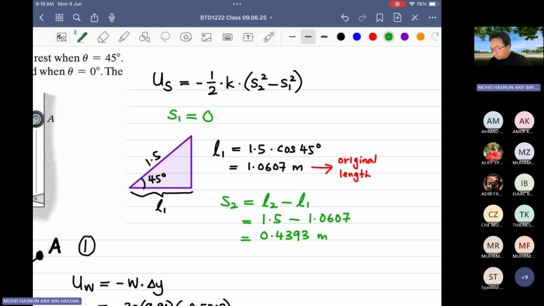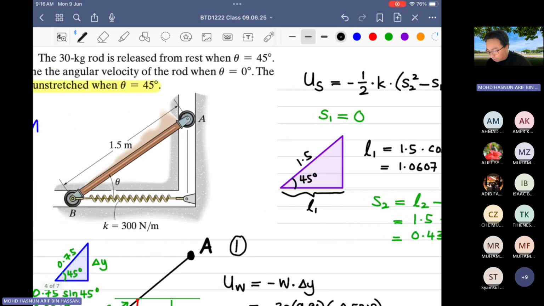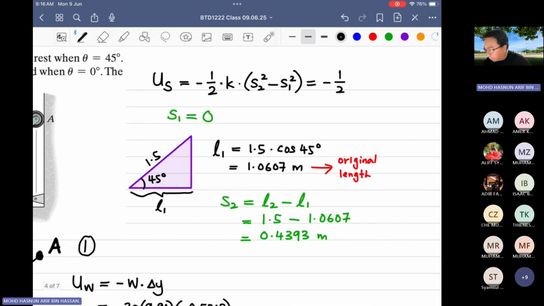Okay, so we can substitute this value in the Us equation. So here, this will be equal to minus 1 over 2 times, what is the K? 300 Newton per meter, times 0.4393 square minus 0.